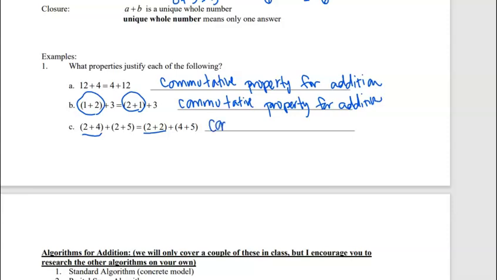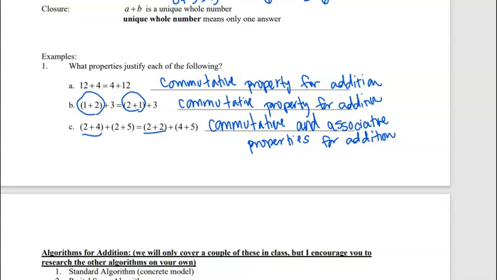And so this here is the commutative and associative property for the operation of addition. And again, I apologize, my handwriting on this screen is not good at all, but you can hopefully at least read it to get the point.